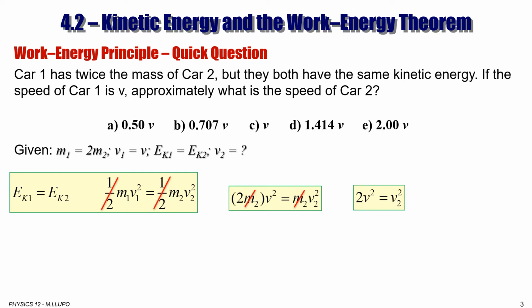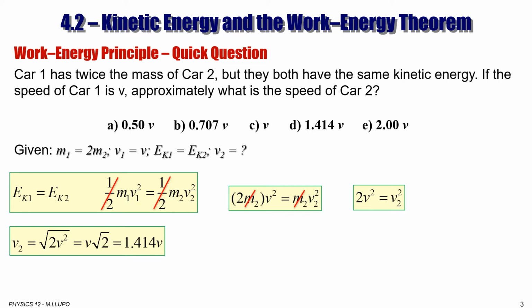So from here, 2 v squared is equal to v2 squared. Then you square root both of them. Then we have v2 is equal to the square root of 2v squared, and v squared comes out of the square root. We have v times square root of 2. That is equal to 1.414 v. So the answer is D. If you did this, you are right, and you have a good understanding of kinetic energy.